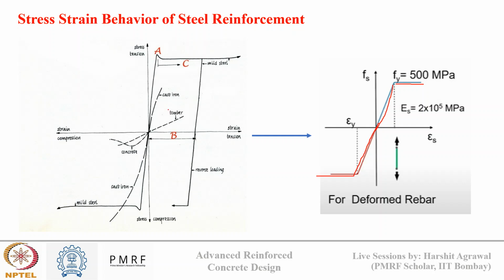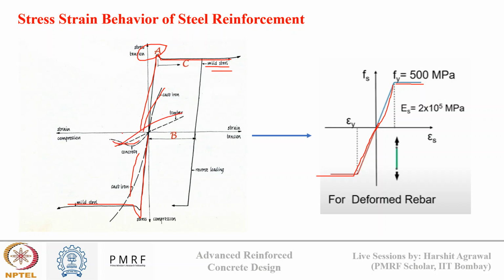In the first figure, you can see different stress strain profiles shown for different materials. This A1 is for mild steel. It increases linearly till yielding, and after yielding it becomes constant. The same behavior is shown on the compression side also. Then there is cast iron, which also shows a certain linear behavior, and there is timber, and there is concrete.